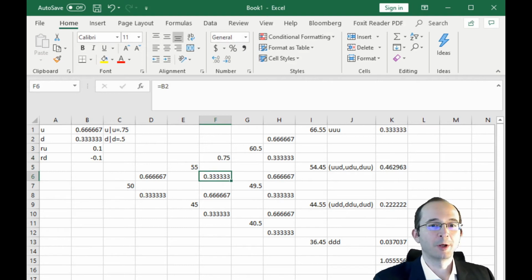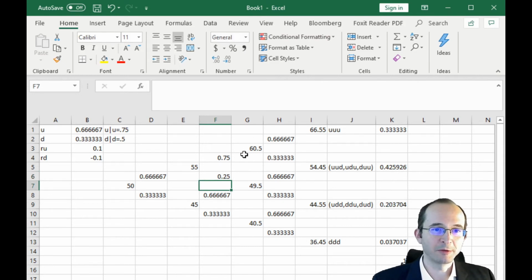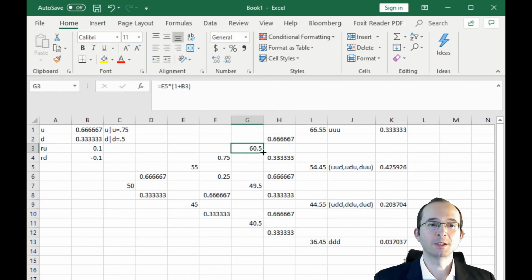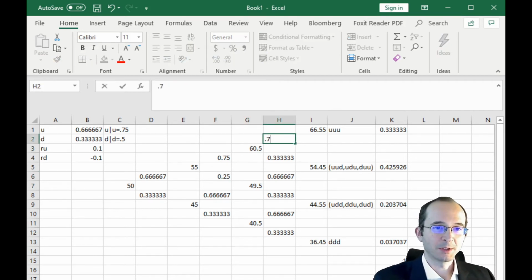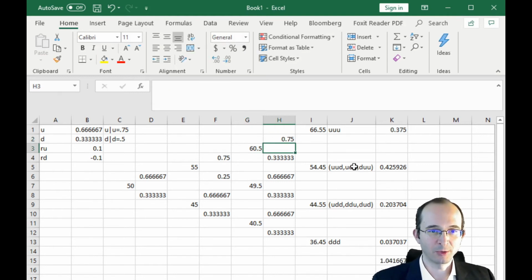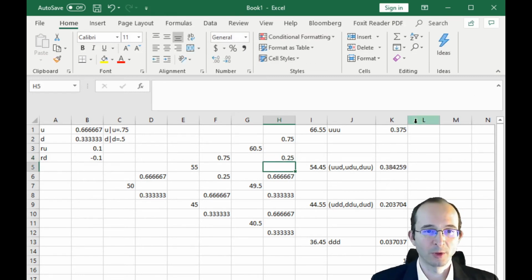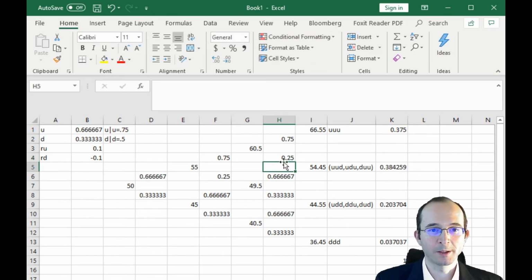Now, what does that mean for our probability of going down? Well, of course, they have to sum to 1, so that goes down to 25. Similarly, the only way we can get to 60.5 is by having gone up the prior time. So that means that our chance of going up next period has gone up to 75 as well, and therefore the chance of going down has also decreased to 25%, that is.